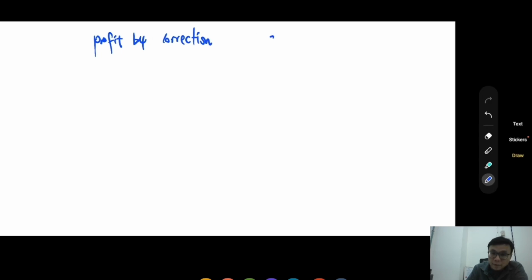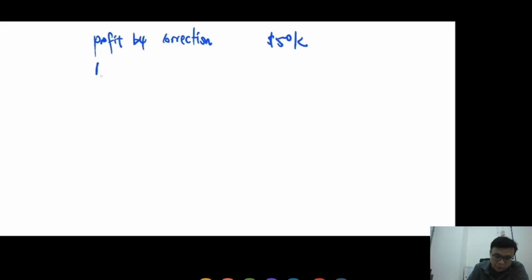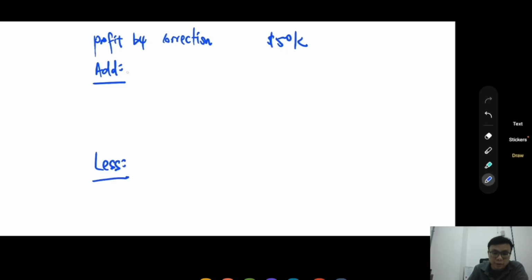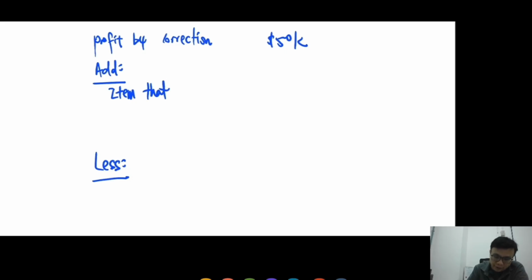Let us now run through a specific example. In this instance, profit before correction is $50K Singapore dollars. So we will add and we will less. For the add portion, we have items that increase profit.